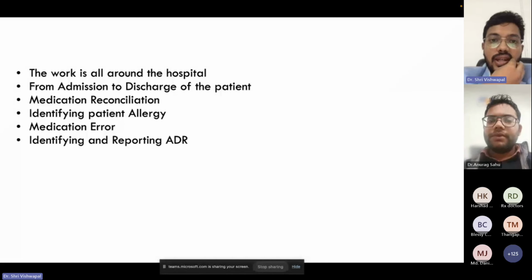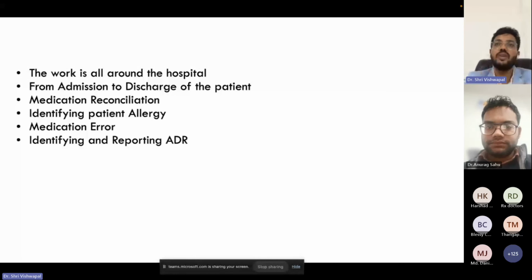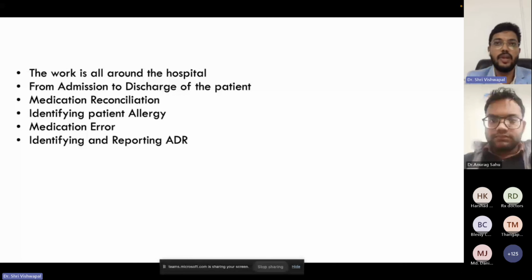If a reaction happens, they just take measures to overcome the ADR, but they don't report it. Once you report an ADR, it is documented, and if any reaction happens in another patient, they know the proper treatment to be followed. So we play a major role in identifying, reporting and monitoring ADRs.